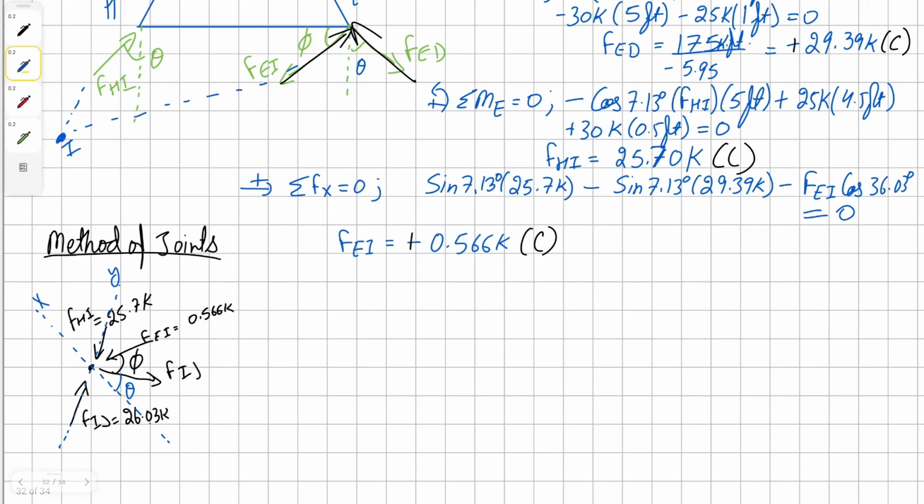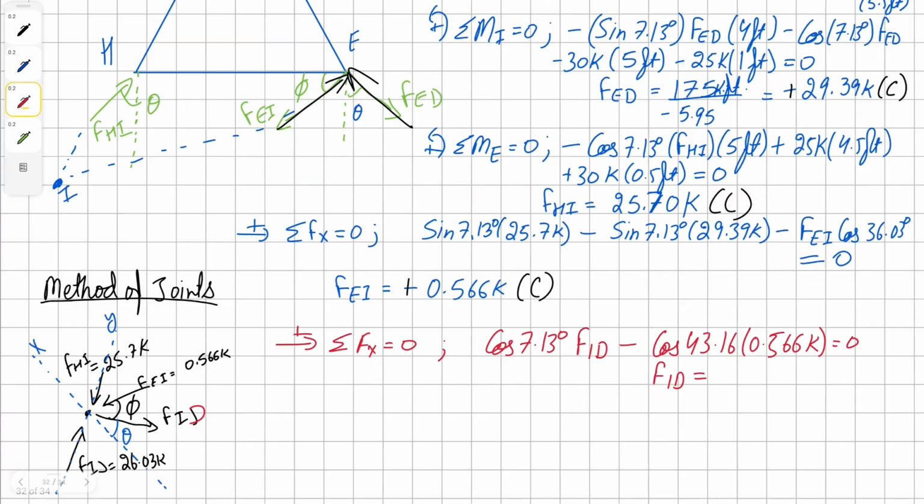Now that we have done that, let's sum the forces in x direction in order to find our solution for member ID. So we're going to have horizontal component of member ID, which is simply cos our angle theta, which is 7.13 degrees, times our force ID. And then in the negative direction, horizontal component of force EI. Solving for ID, we get our solution as 0.416K positive. This tells us that this member is in tension.